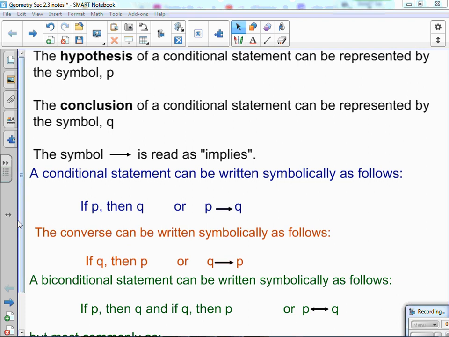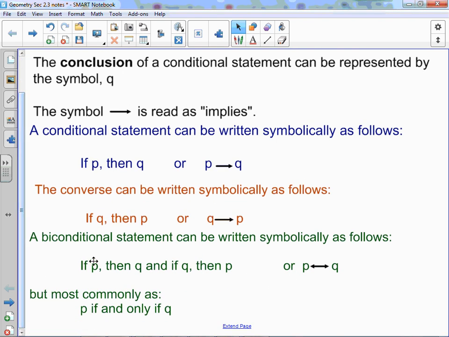Now, a biconditional statement is written if P, then Q, and if Q, then P. Right? It's kind of what it implies or represents because it's the conditional and converse together. But the shorthand form, we give P and Q with a double-sided arrow there because that means that the statement can go in both directions.